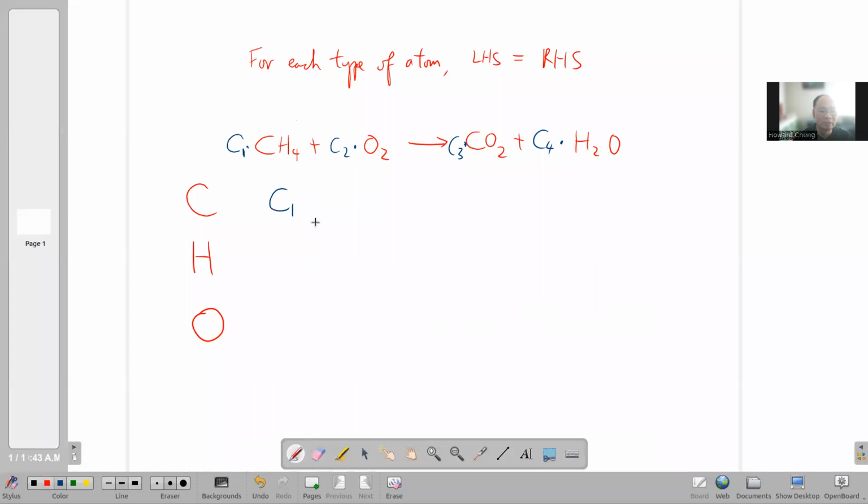C2 doesn't contribute at all. C3 contributes one of them, and C4 doesn't contribute any. So you can say that C1 and C3 must be the same, or equivalently, you can write C1 minus C3 equals 0. Okay.